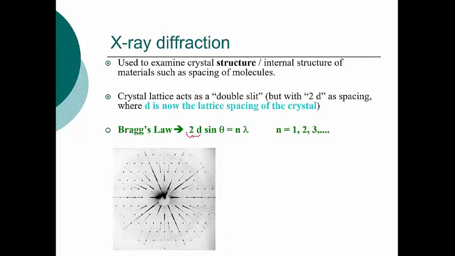So in an application of X-ray diffraction, right, we know what the wavelength is. We're using some specific wavelength of X-rays, and what we're really interested in determining is, in fact, D. And here, this is just another example of what the interference pattern looks like when we do X-ray diffraction.